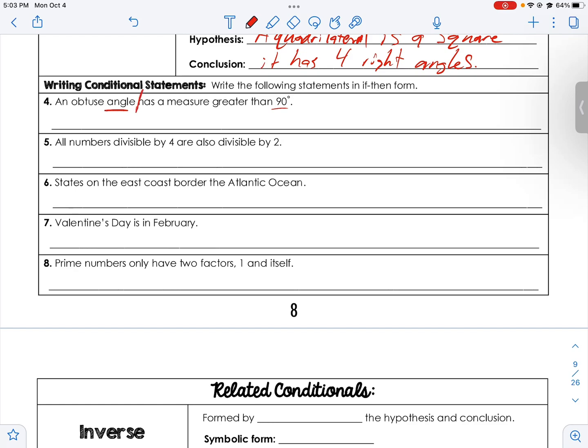We're going to break it at the verb, the has. So if an angle is obtuse, then it has a measure greater than 90 degrees.